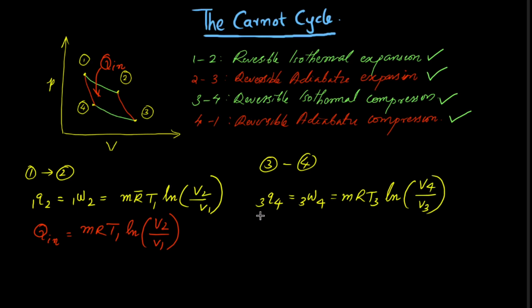As per our thermodynamic sign convention, heat transferred to the system is taken as positive and heat transferred from the system is taken as negative. So, if we calculate 3Q4, since V4 is less than V3, this log term will be negative. So, we obtain 3Q4 as a negative number.